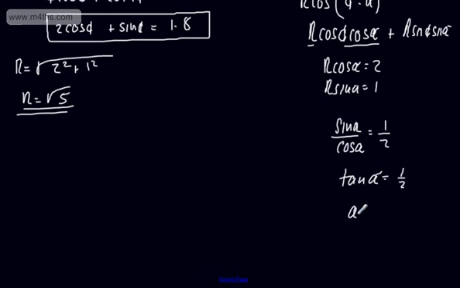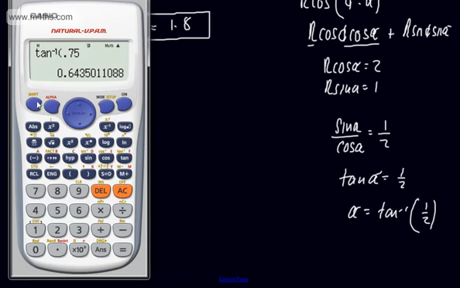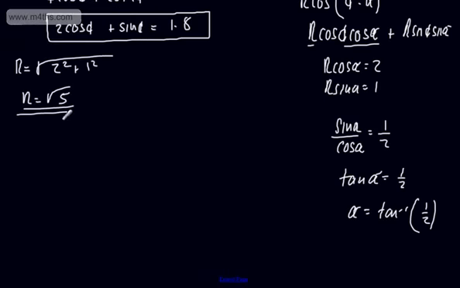So alpha is going to be equal to the inverse tan of 1/2. We'll work in degrees in this particular question. So let's go ahead and switch this up. Shift mode 3, let's put this in degrees and take the inverse tan of 0.5. That's going to give me 26.56. I'll say that's 26.6. So what we've got now is alpha is equal to 26.6 degrees.